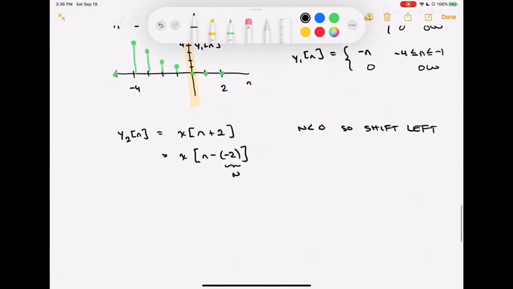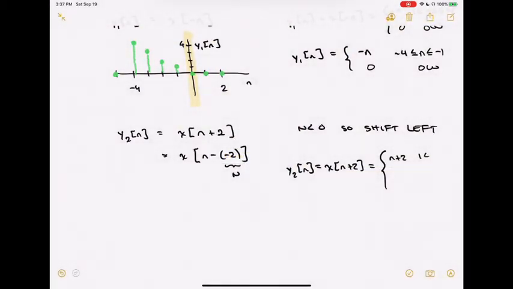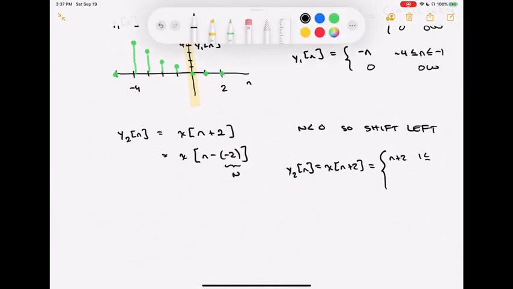Let's just go look at y2 of n, and I know that that is x of n plus 2. But what is x? x is whatever the argument is, so that's going to be n plus 2, for 1 less than or equal to n plus 2 less than or equal to 4, 0 otherwise.